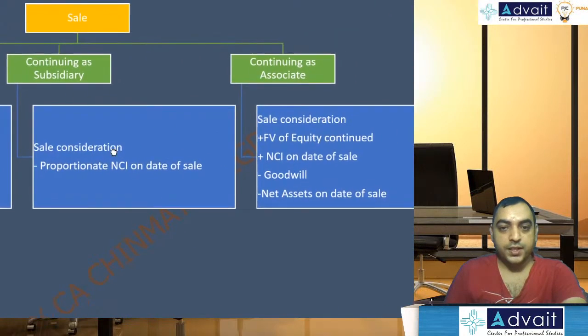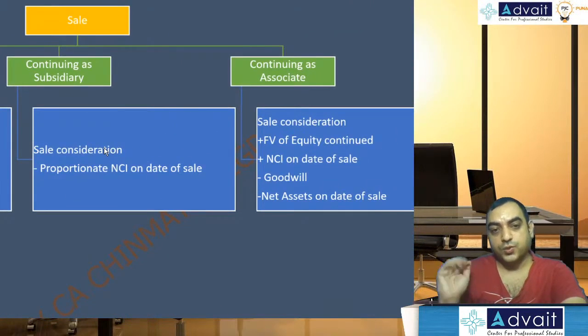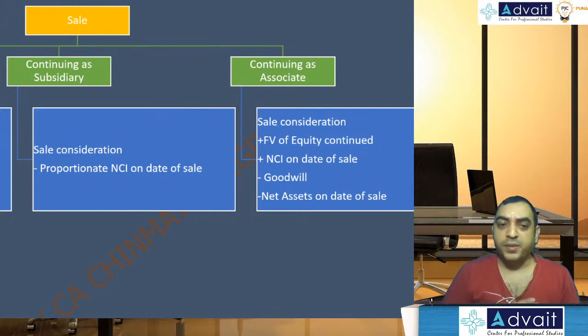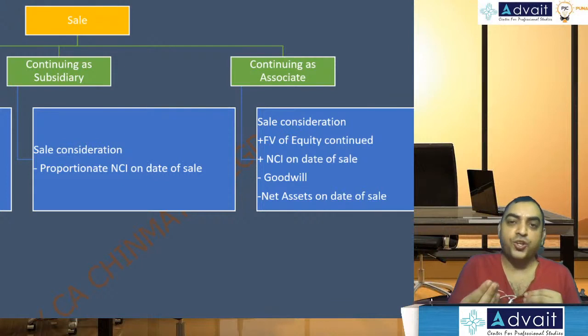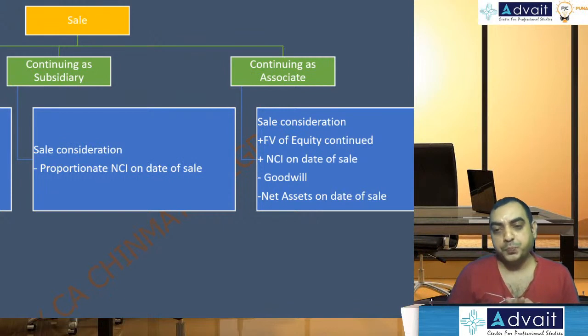Then continuing subsidiary, then continuing as associate. 30% will be at fair value. Yes, yes, 30% investments will be at fair value. Yes, you're right. Whatever the rate you have taken for bank, same rate you take it for investments, fair value.